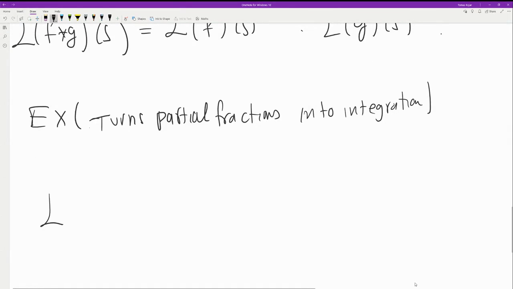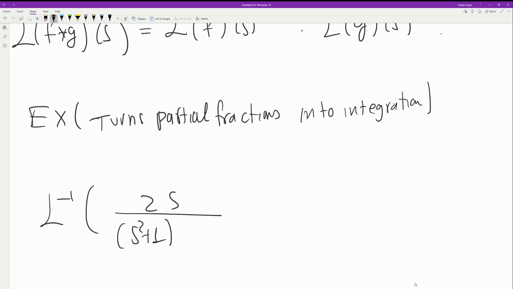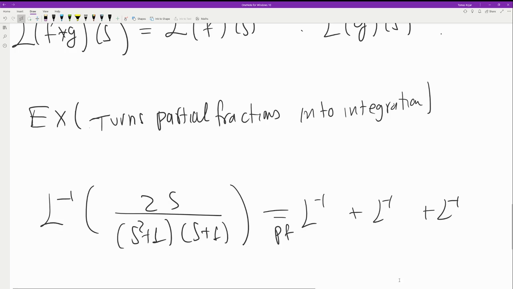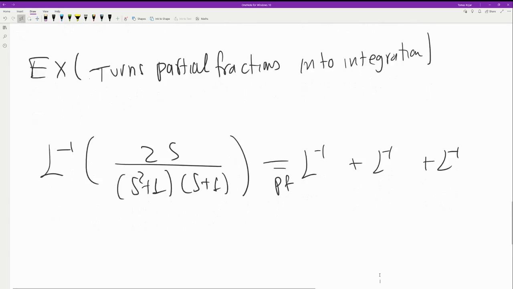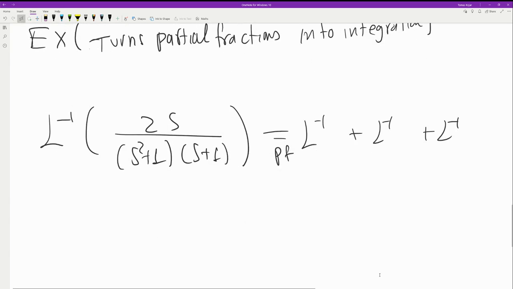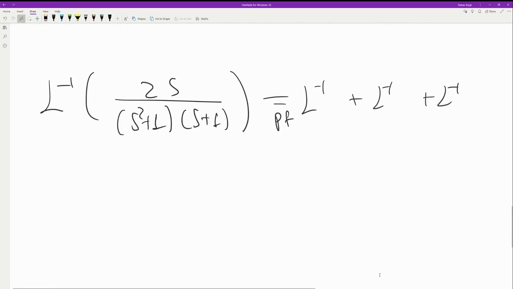Very often you have a problem like this, right? 2s over (s squared plus 1) times (s plus 1). And you do your partial fractions and you have some terms. But now we will solve this problem using a convolution.